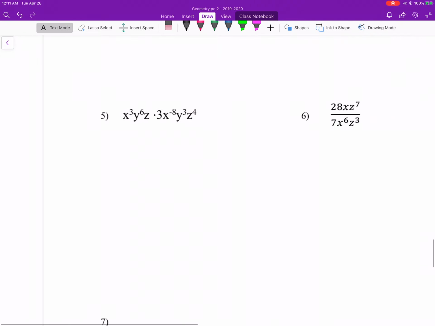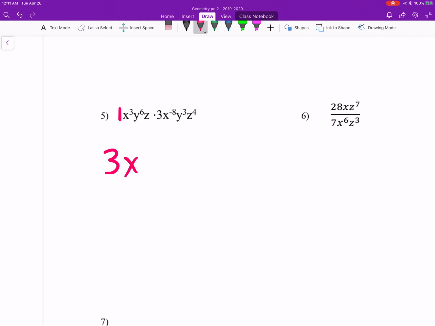Next. So now, in this first term, x to the 3rd, y to the 6th, z, times 3x to the negative 8, y to the 3rd, z to the 4th. Notice this right here. There is a 1 in front there as the coefficient. So this would be 1 times 3, which is 3.